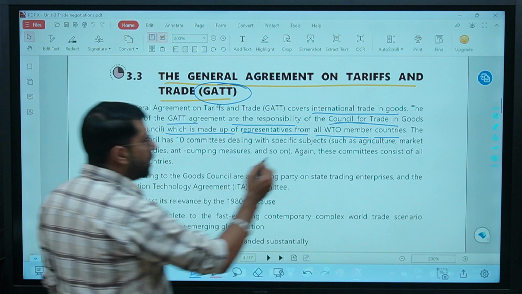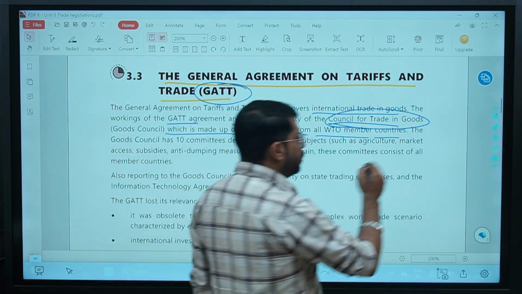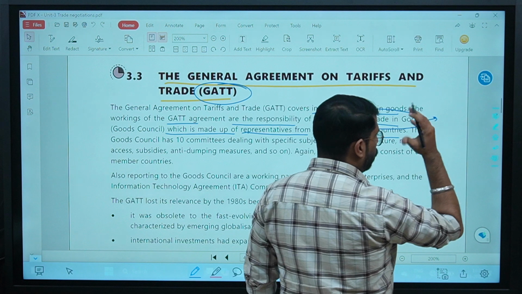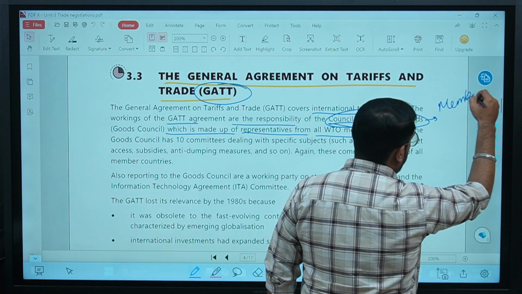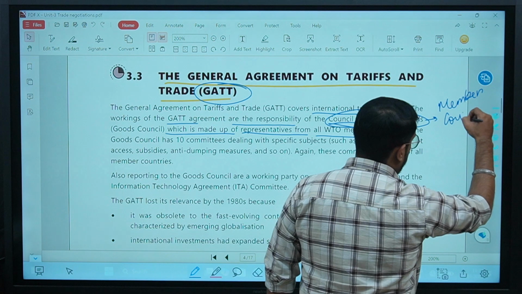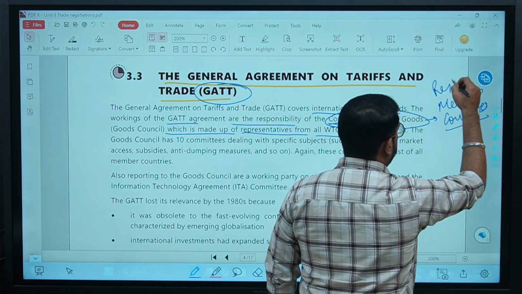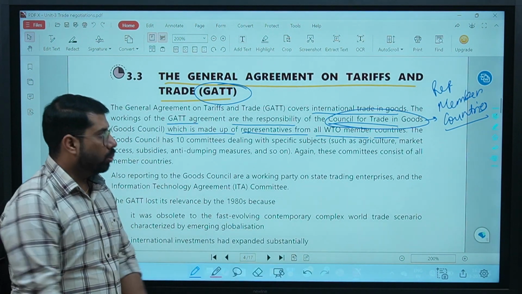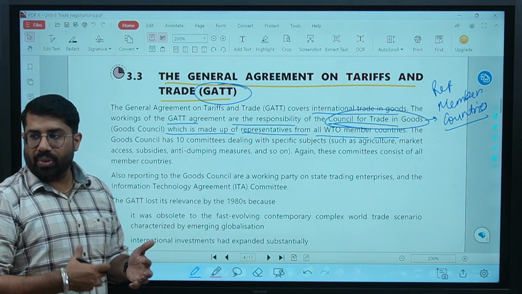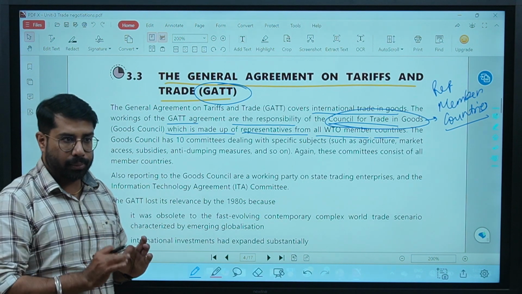There was a Council for Trade in Goods, and this council used to be controlled by all the representatives of member countries. I mean, all the countries who have signed this agreement, their representatives were in this council to control and to make sure that this GATT works in a correct manner.